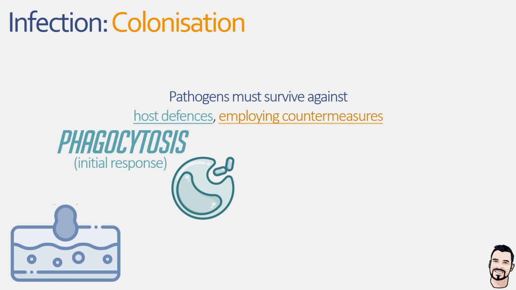Many pathogens produce anti-phagocytic factors that directly interfere with the phagocytosis process. For example, protein A in Staphylococcus aureus prevents effective opsonization, while the N protein in Streptococcus pyogenes blocks complement deposition, reducing recognition by phagocytes.